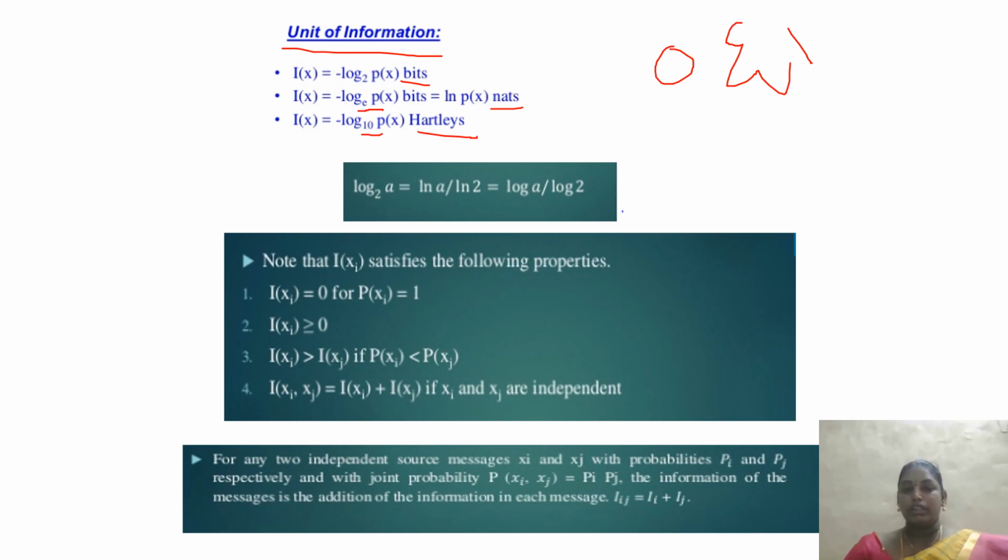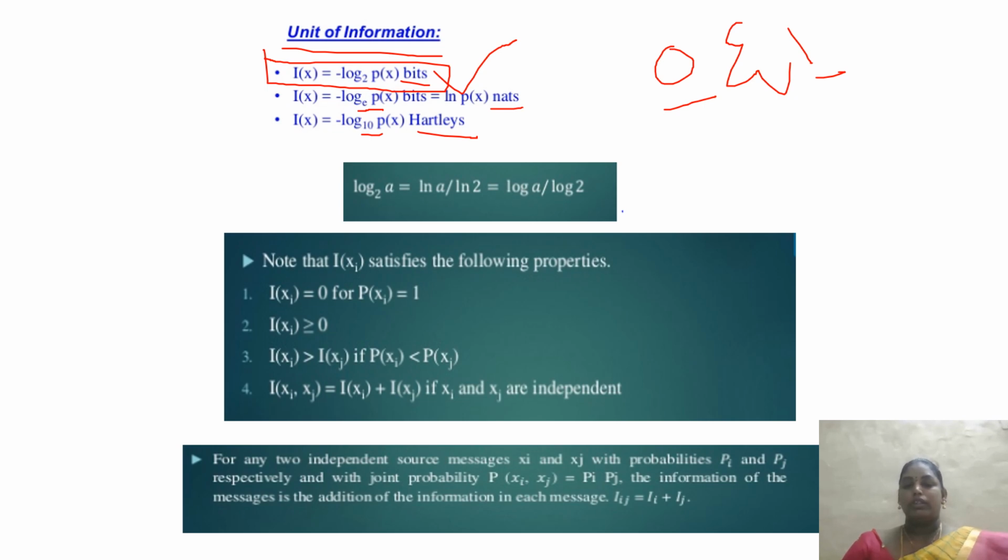Out of these three units, we consider bits, because when the probability is high it is 1, and when the probability is low it is 0. So we calculate the information content in terms of probability with either 0 or 1. Therefore, in information theory we generally prefer the unit bits.